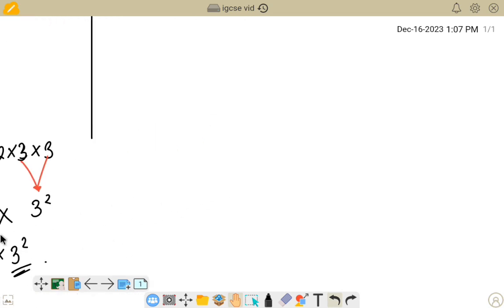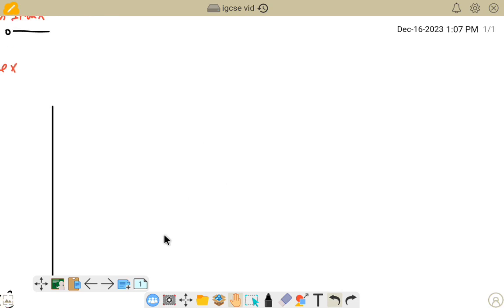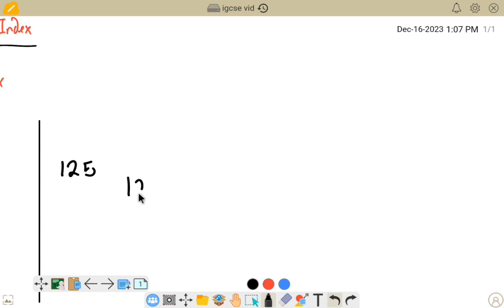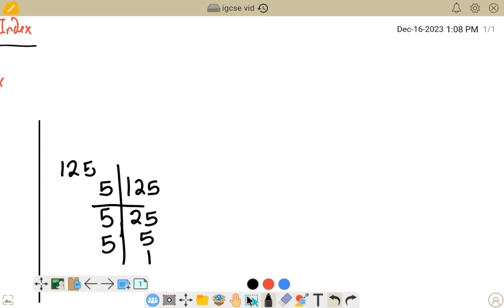If you want to try it for another number, let's say a number like 125. You do repeated division. 5 into 125 gives you 25, 5 into 25 gives you 5, 5 into 5 gives you 1.